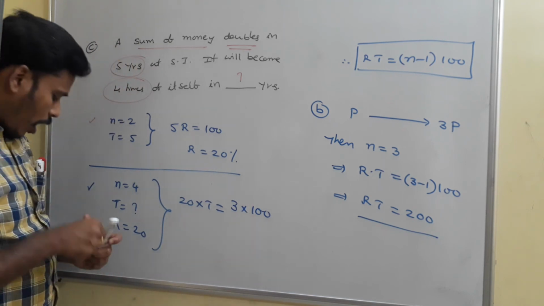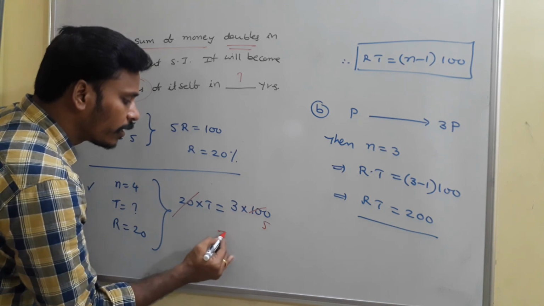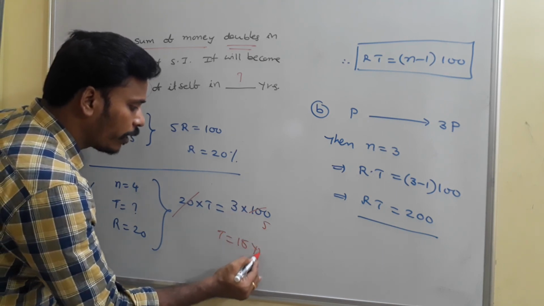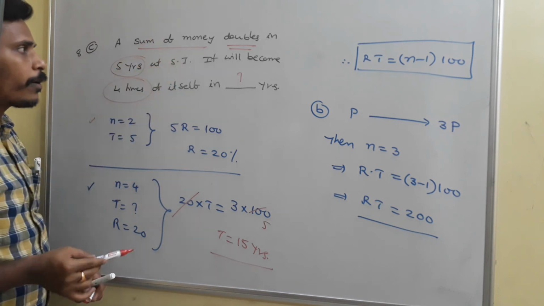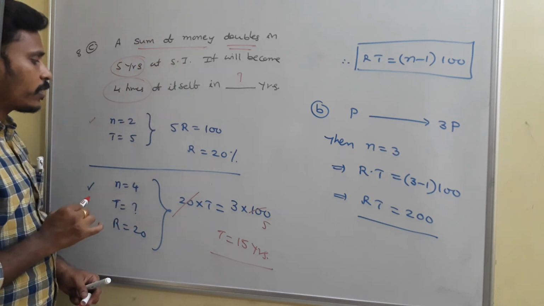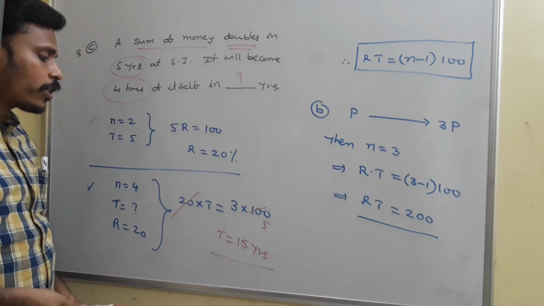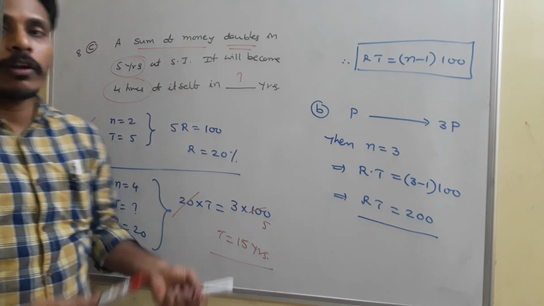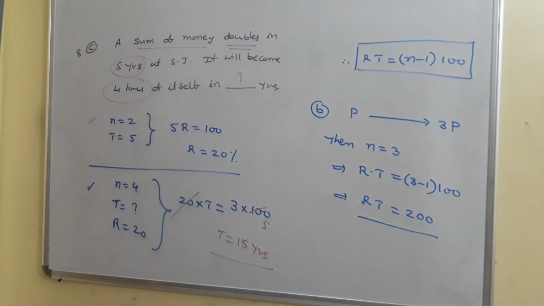And if you cancel it out, 20 into t is 300, is it right? And the time is equal to 15 years. Just think about it. If you invest our principal for 5 years, then you will get double the amount, whereas if you invest for 15 years, you will get 4 times the amount. That's the problem. Okay? Just have a look.